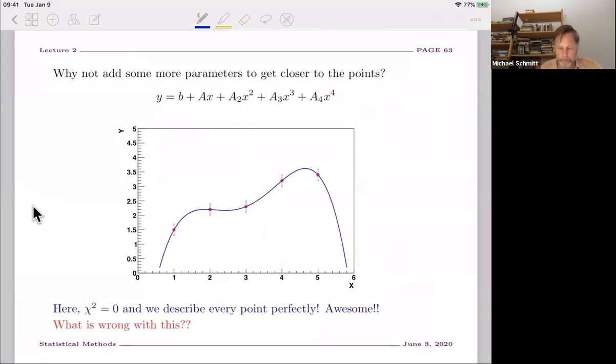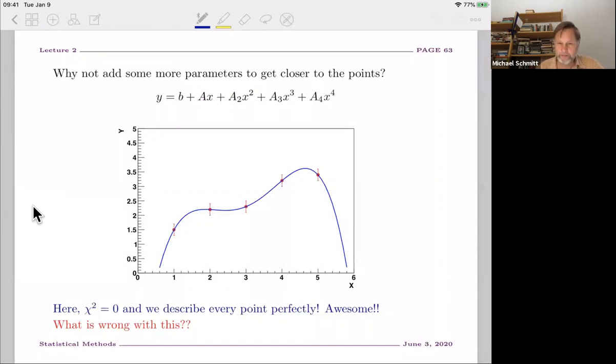Let's go all the way to the fourth order in X. Well, we have 5 points and 5 unknowns. So that's exactly enough to give you a line that literally goes through every single point. This is awesome. This is the best model ever, right? Because we get a chi-squared of 0 and the curve goes through every single point.